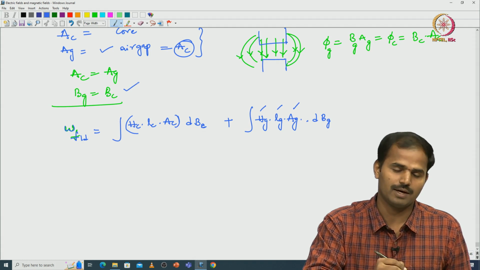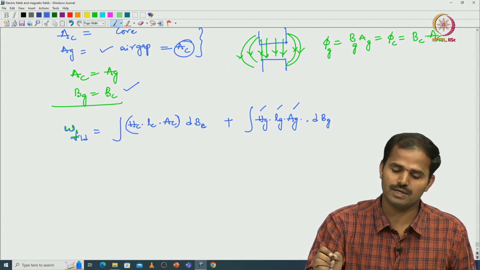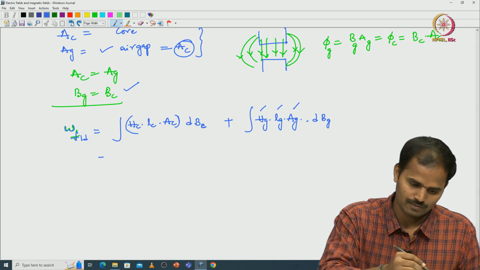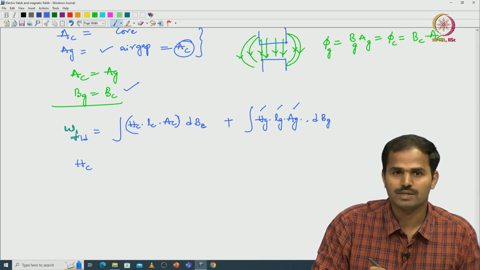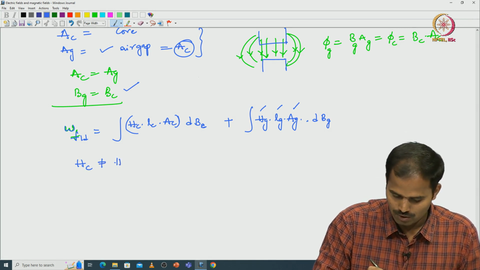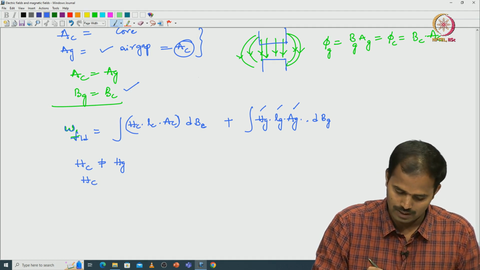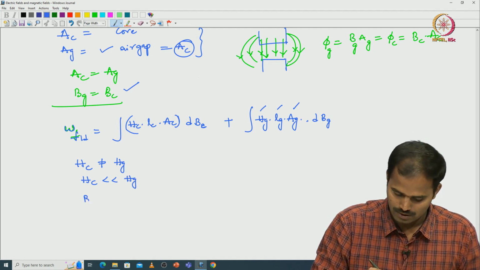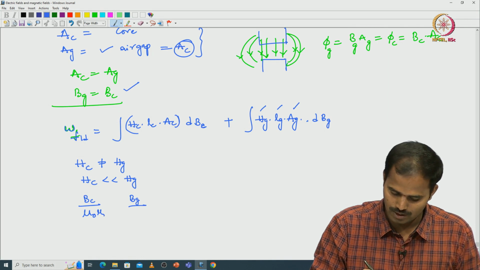One might think the magnetic field at the air gap and at the core are equal, but they are not the same. Hc, the intensity in the core, is much smaller than Hg, because Bc and Bg are the same, but the permeability of the core is mu naught into mu r.